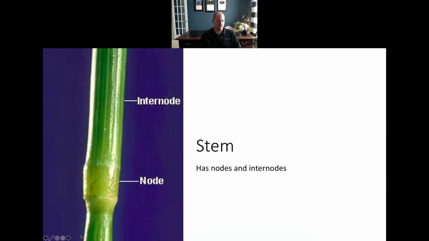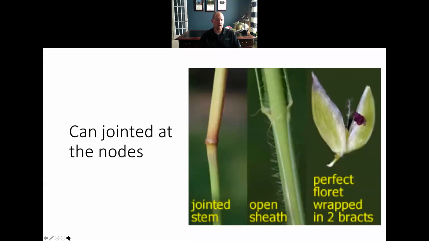You might just see a small region, but at any rate, you can see the delineation between the unbladed portion of the stem. Then you move into the node, and then the node is basically what gives rise to the next blade of a grass species, the next leaf coming off of that stem.